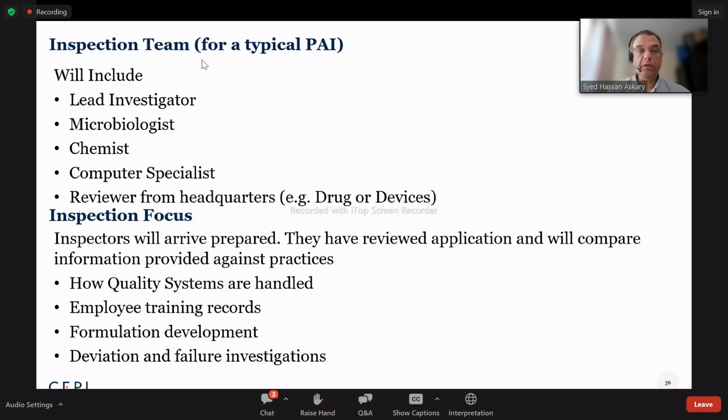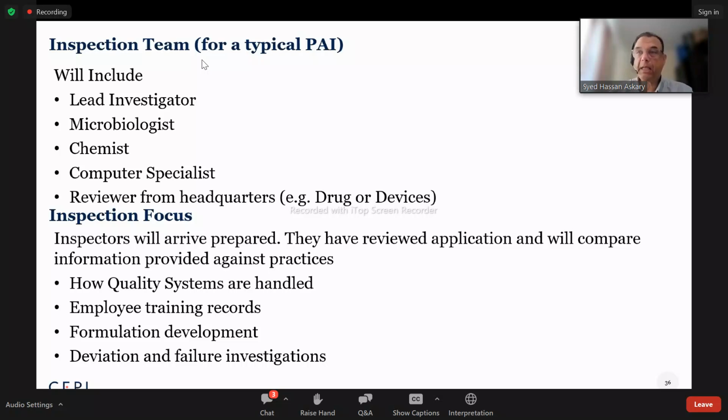The focus of the inspection is the quality system, as we said. That is the number one focus, and the employee training records, formulation development, and deviation and failure investigations. So these are the key focuses from FDA inspectors when they come for inspection.